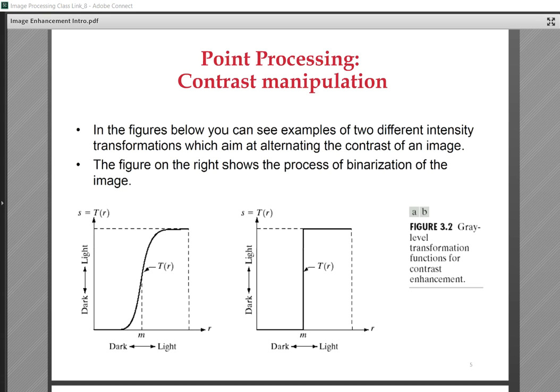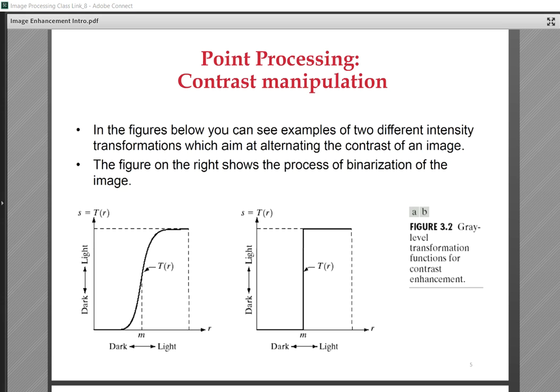Lower intensities for input, lower intensity for output. Higher intensity for input, higher intensities for output, or higher gray levels for output, but changing not very sharp, but somewhat sharp. For example, some linear.